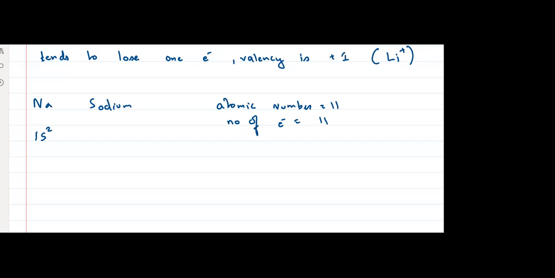So how will we find out how many electrons are needed to be stable? What we studied in first class is that in a neutral atom, the number of electrons and the number of protons are the same.